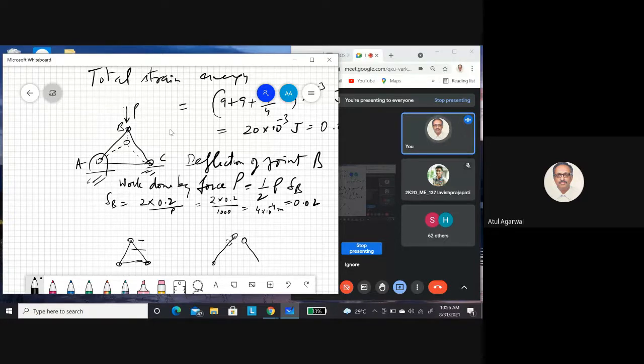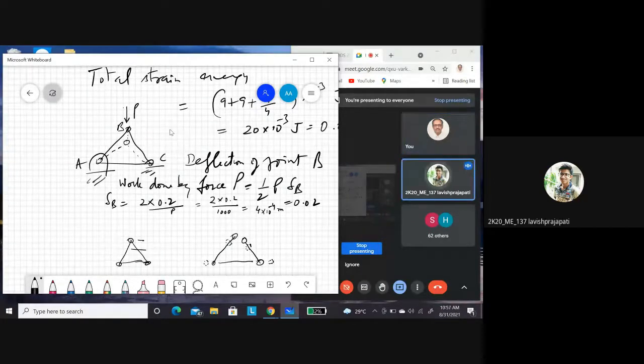So after contraction, this bar will be like this. Then there is one more thing. This is also stretching. This bar is stretching. So it should become like this. Can you see this? Yes sir. So how to reconcile it?